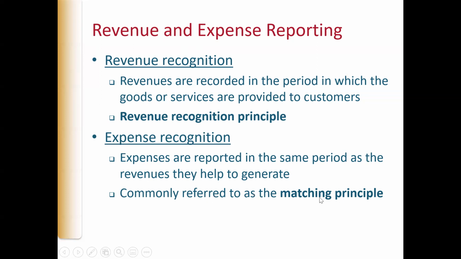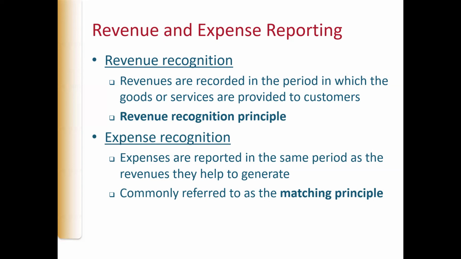So in this class, you guys paid for spring semester. So the utilities to operate this room or the salaries to teach all get recorded in the same period as the revenues, the tuition they help to generate.